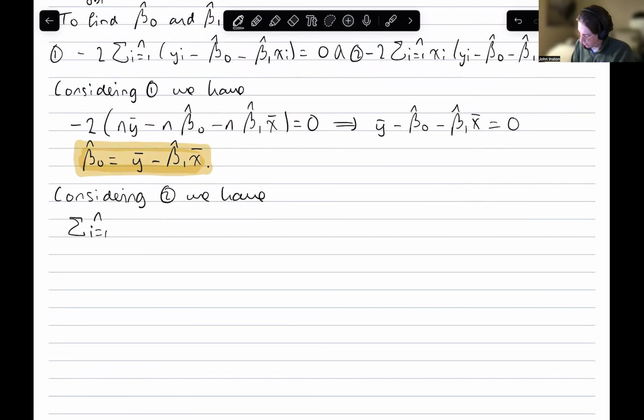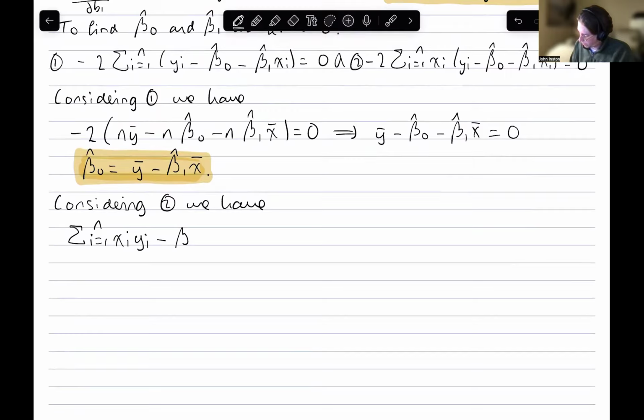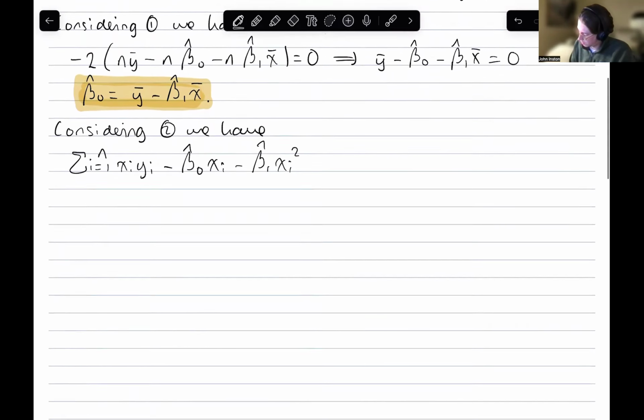So sum from i equals 1 to n of xi yi minus beta hat naught times the sum. I'm skipping steps just in case. I'll go sum from i equals 1 to n of xi yi minus beta hat naught xi minus beta hat 1 xi squared equals 0.